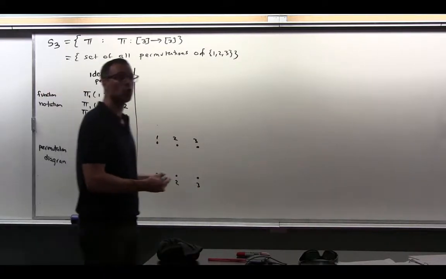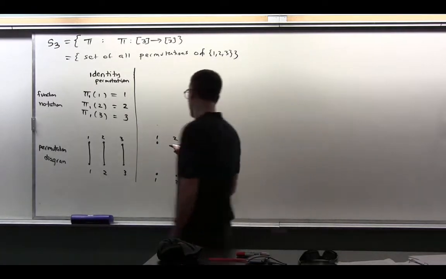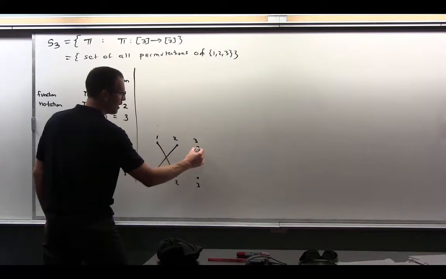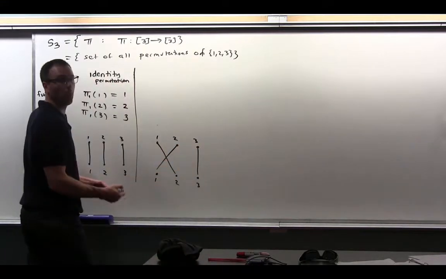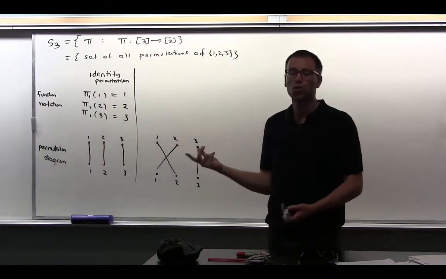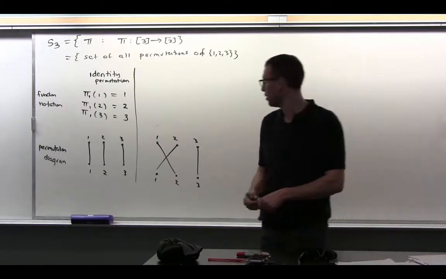What's the next choice of permutation that I could use? Map 1 to 2 and 2 to 1 and leave 3 alone. What's it called when I only swap 2 elements? Transposition. So this is what you might call the 1 2 transposition.